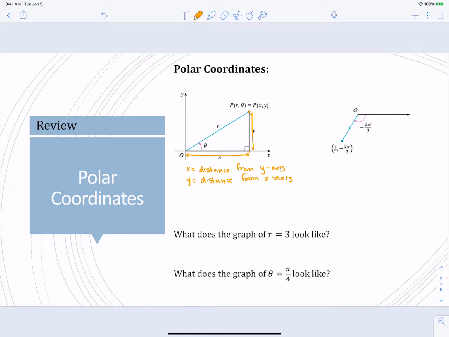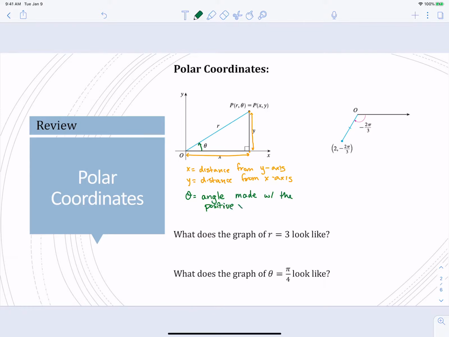So another way we can look at getting to that point is that we go some angle from the positive x-axis. So theta is an angle made with the positive x-axis, just like how we make angles in trigonometry.